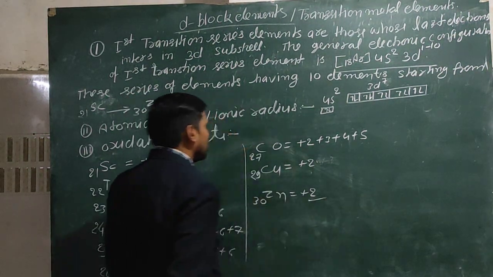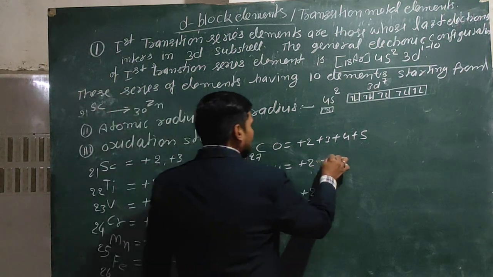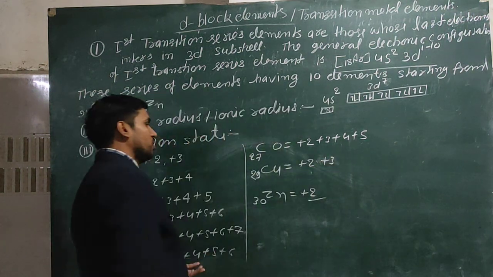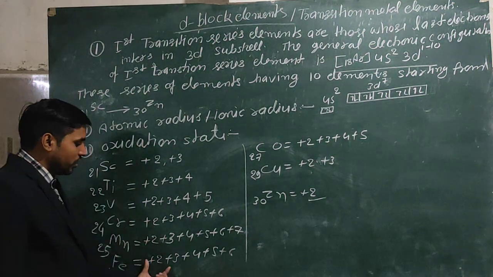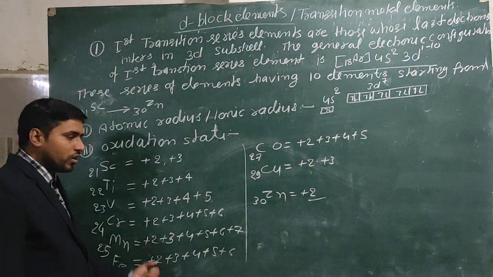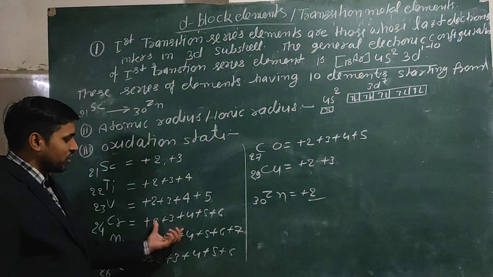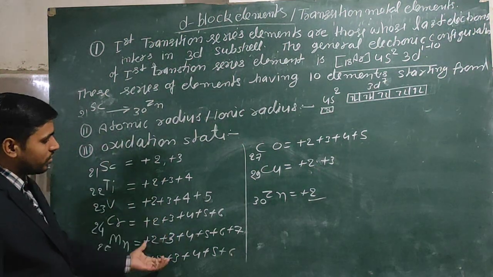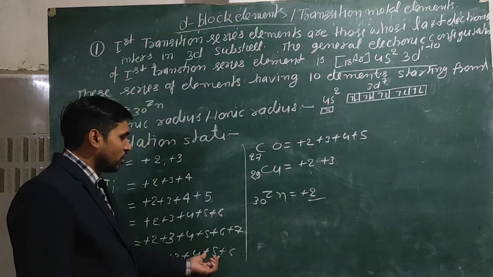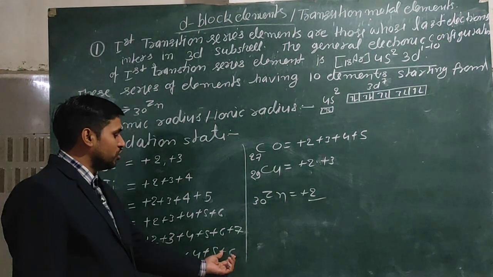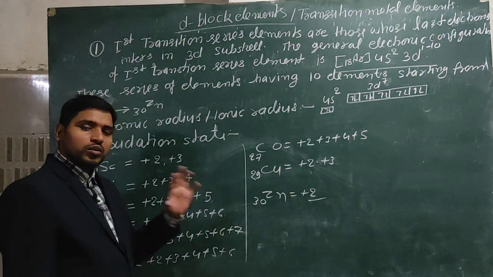And on the basis of these oxidation states, you can say that the most stable oxidation states of the 3d transition series are +2 and +4. Less stable is +5 and least stable are +6 and +7.